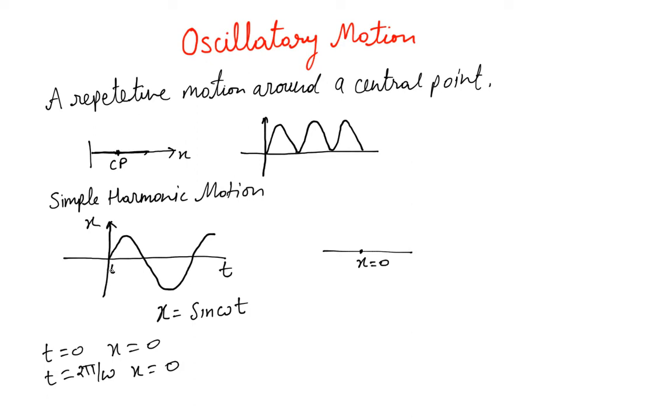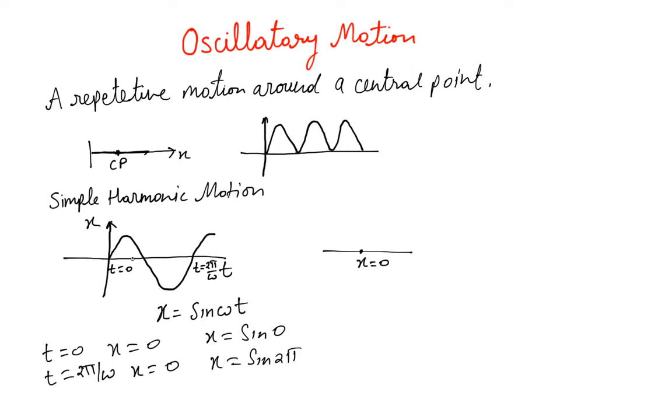So this is t equals 0, and this is t equals 2 pi divided by omega. Here we get x equals sine 0, and here we get x equals sine 2 pi, right? And both of them are 0. So this is the first point and this is the second point.